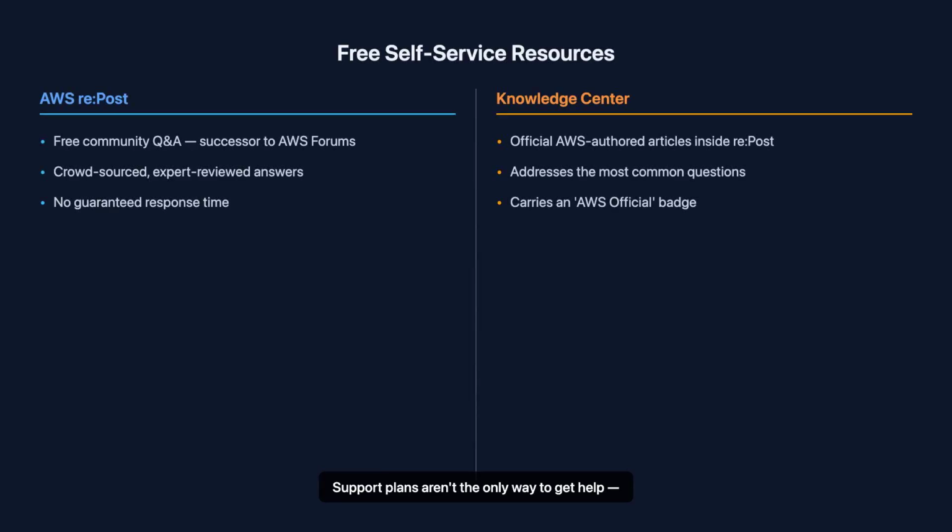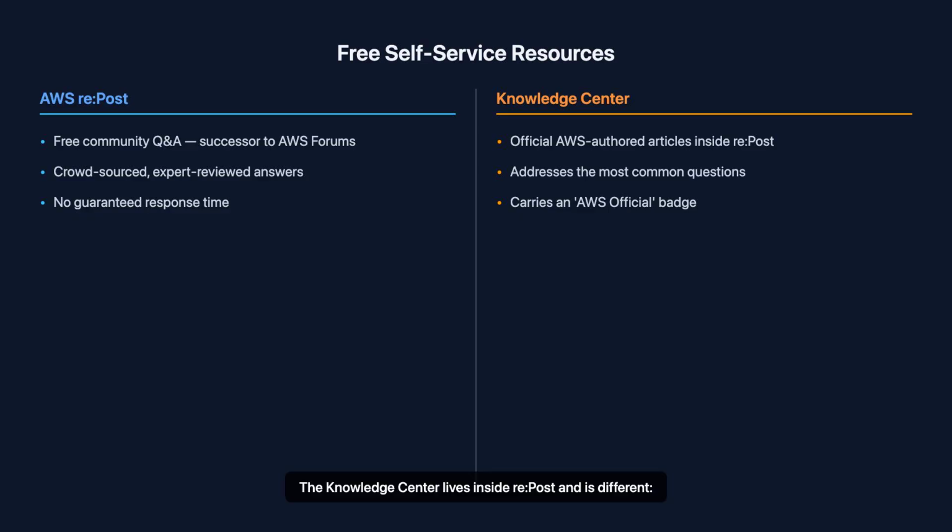Support plans aren't the only way to get help. The free resources are worth knowing too. Amazon Web Services Repost is the free community question and answer service that replaced the old Amazon Web Services forums, crowdsourced answers that are reviewed by experts, but with no guaranteed response time, because it's a community, not a service desk.